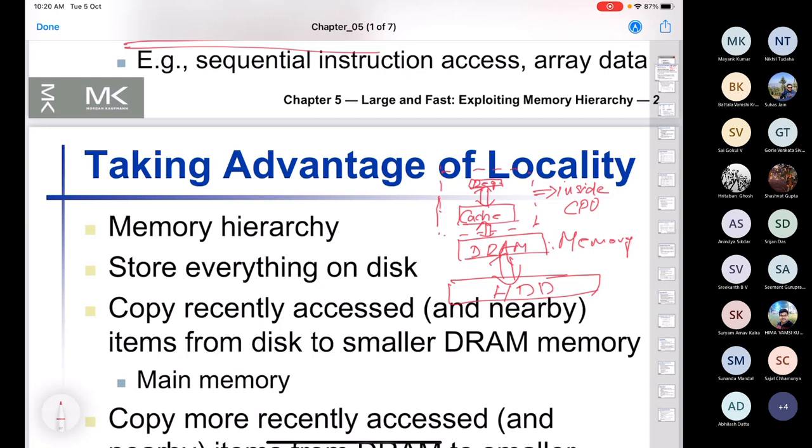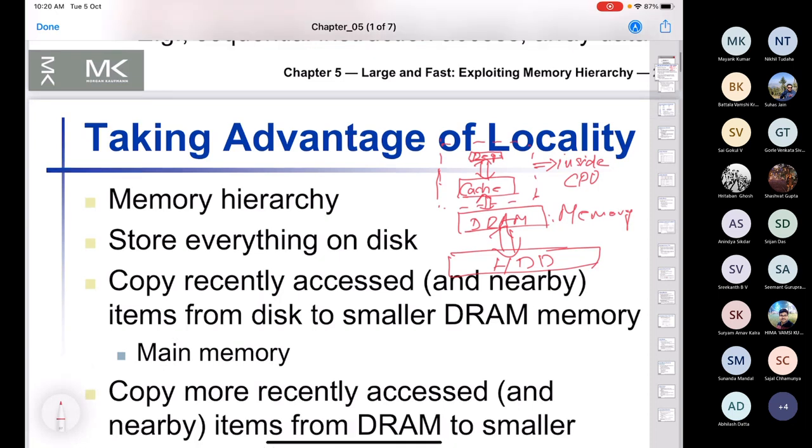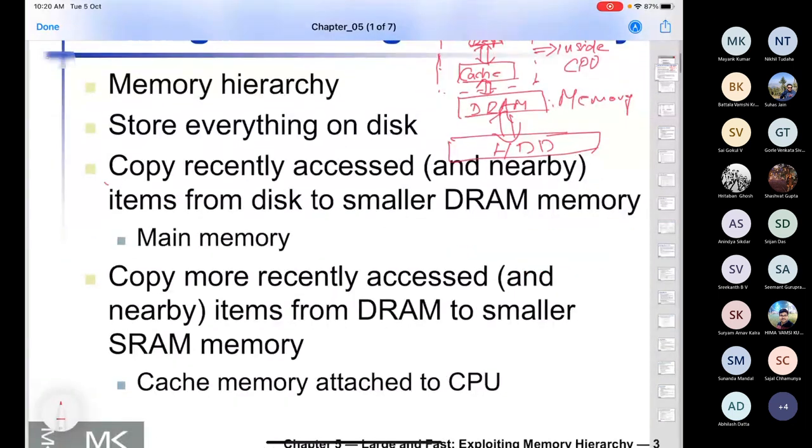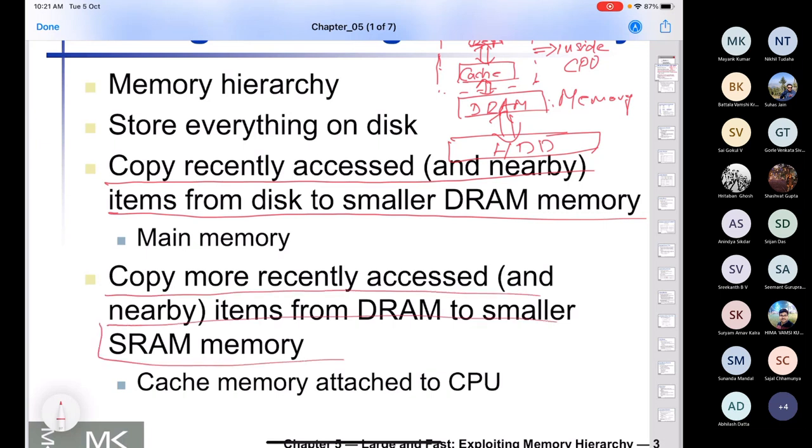Whatever is recently accessed or needed is brought from the disk to the small DRAM memory, and then from the DRAM memory it is accessed to the SRAM memory. This SRAM memory is basically your cache memory.